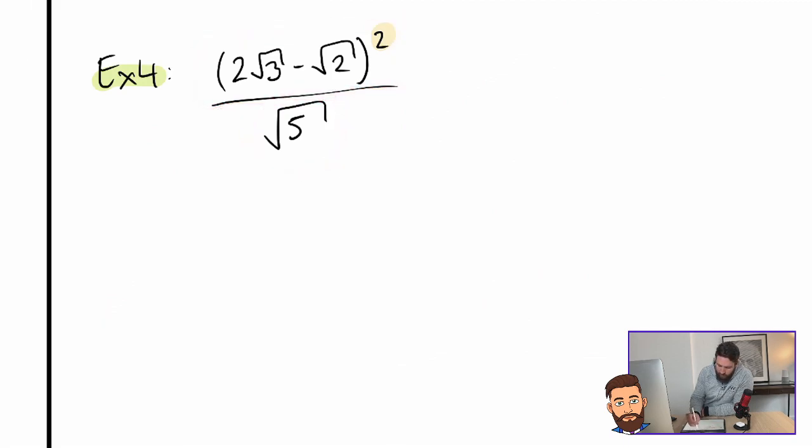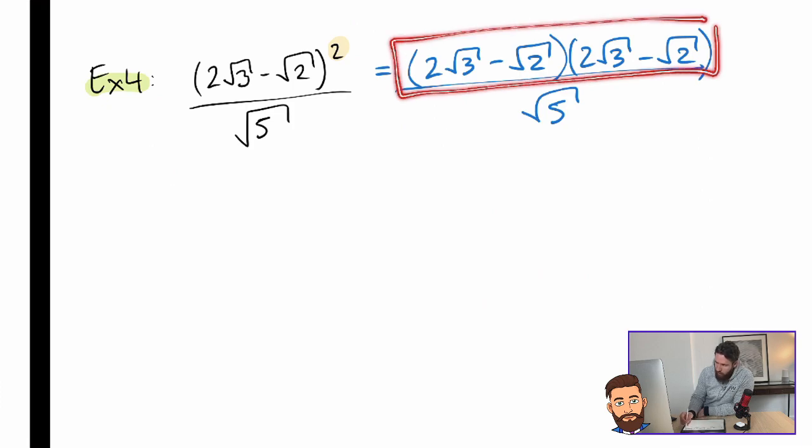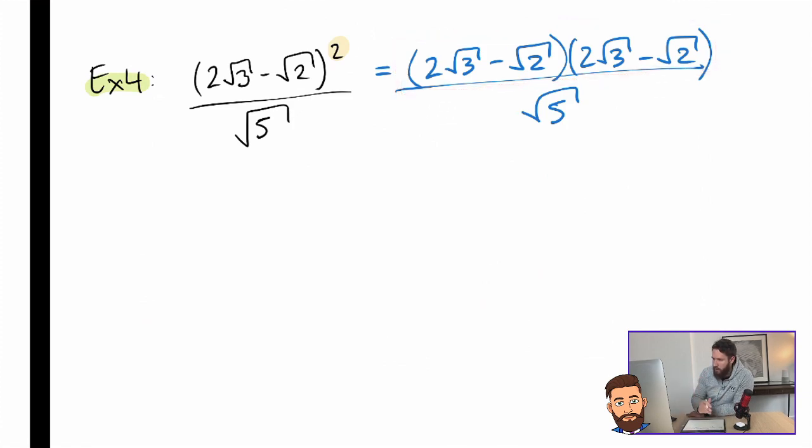So if we do that, let's just first of all write out what does that mean when I square it. It means 2 root 3 minus root 2 times. So the first thing that we should probably do is expand out these double brackets before we start to rationalize the denominator.